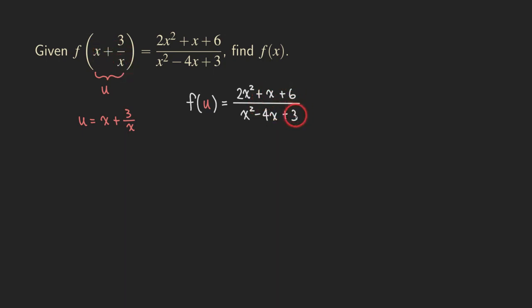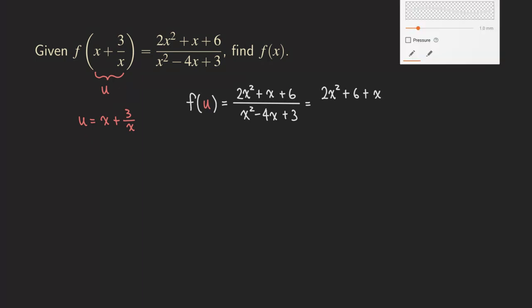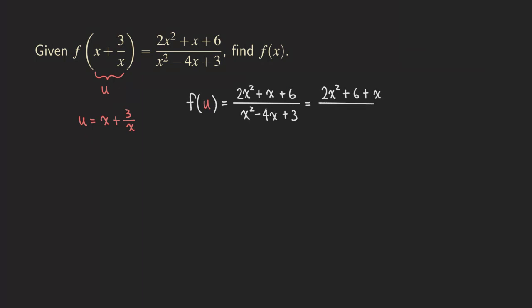Let's rearrange the terms. If we rearrange the terms, then we are going to get 2x squared, and then plus 6, and then plus x right here. Same thing for the bottom: x squared plus 3 and then minus 4x.